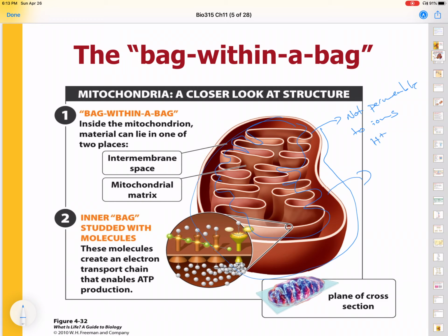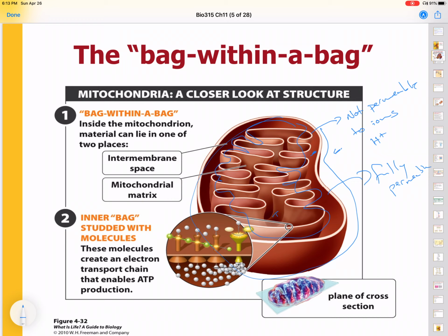The outer membrane is fully permeable because it has very large holes in it. So the outer membrane and the intermembrane space are basically the same. The cytosol and the intermembrane space, there's not much difference because there's basically free flow between them, but the inner membrane is locked away.